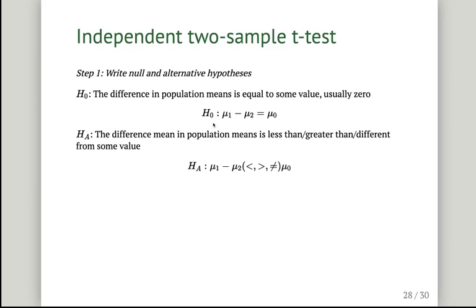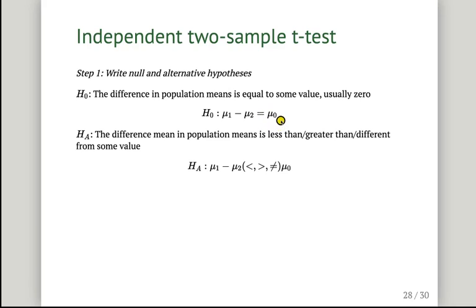So let's briefly go through the mechanics of this test just to refresh ourselves of the details. Really, the only thing that's been changing is what parameter we're working with. All of these mechanics we should have pretty down pat at this point. So we're looking at the difference in population means.